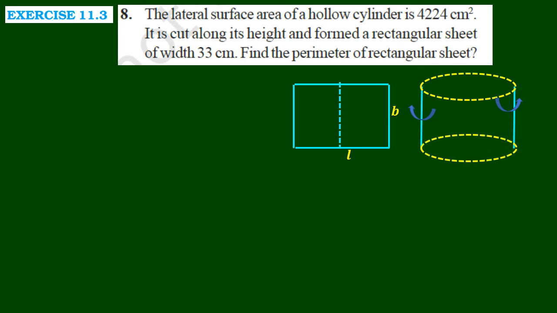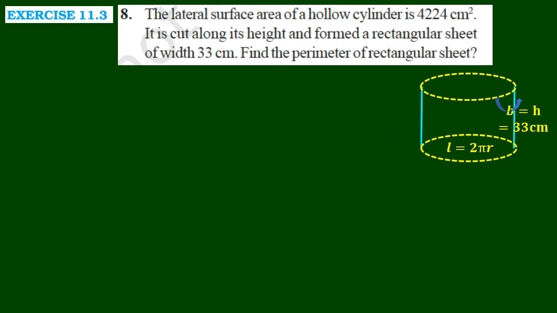The length of the rectangular piece is the circumference of the circle, because we folded it. So the length of the rectangle is the circumference of the circle and the breadth of the rectangle is the height of the cylinder. Hope now it is clear. Understood?